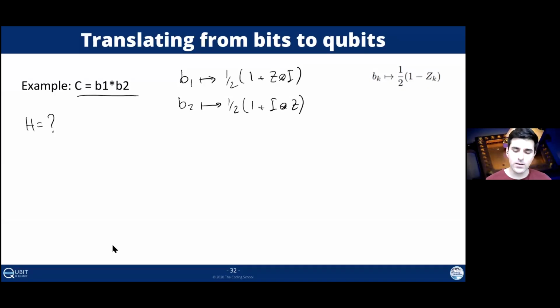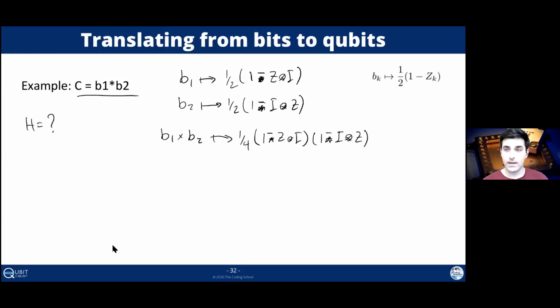Okay, and what's happening here is that then we have B1 times B2. So this will get mapped to essentially multiplying the values that we have here. So I have 1/4 and then 1 minus ZI, or think of it as Z applied to the first qubit, and 1 minus IZ, Z applied to the second qubit. And again, the multiplication works the same way that normal multiplication works.